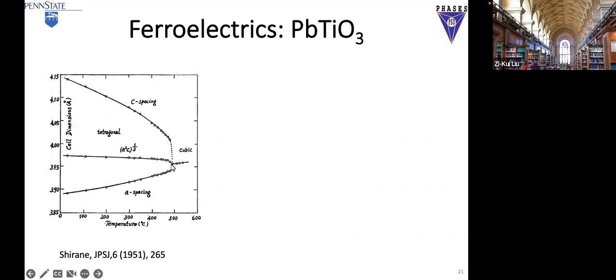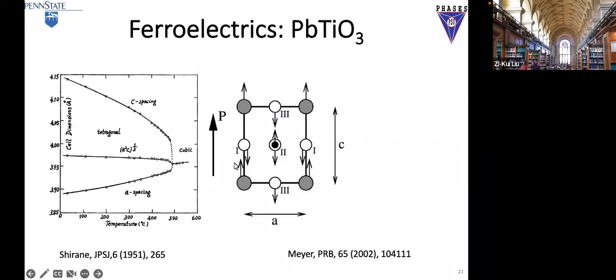That's the argument here. If the volume changes continuously, what should be the order of the phase transition? To me, it should be second order. But the literature says first order. I'm not going to argue that because I'm not an expert on ferroelectric materials, but look at this diagram, whether it's first order or second order.